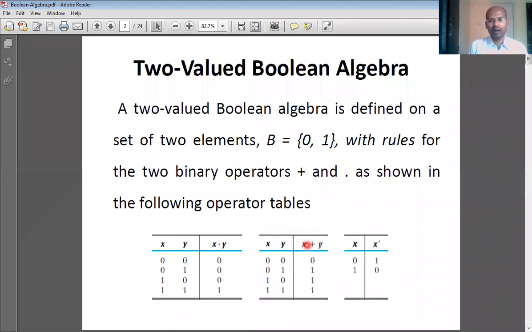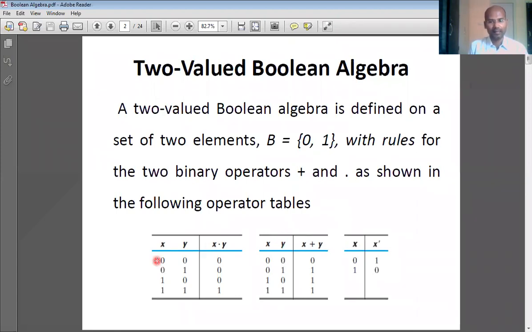The OR operation is represented by the plus symbol here. And x complement is another operation. So these are the three basic operations upon which all other theorems are made.